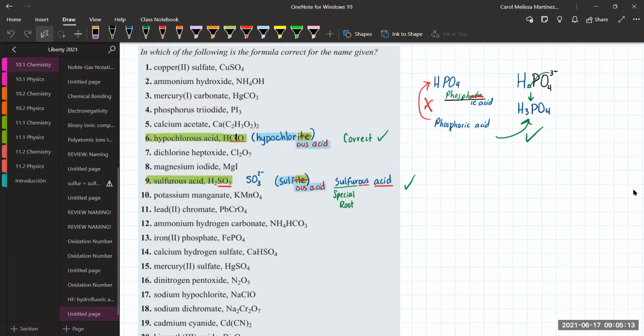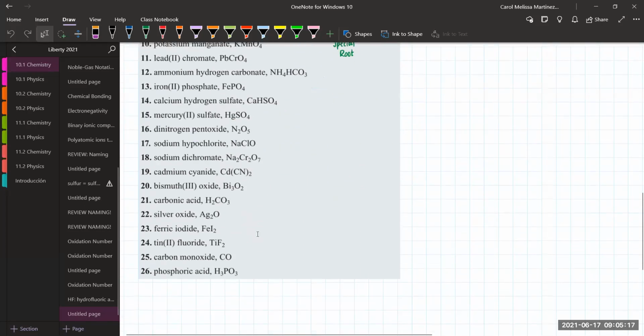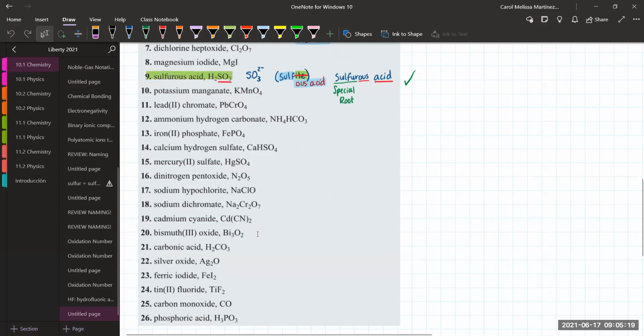Now, the next acid that we have, you don't see it here, but it's right there, okay? The next acid is this one. Is the name correct? CO3, what is it?